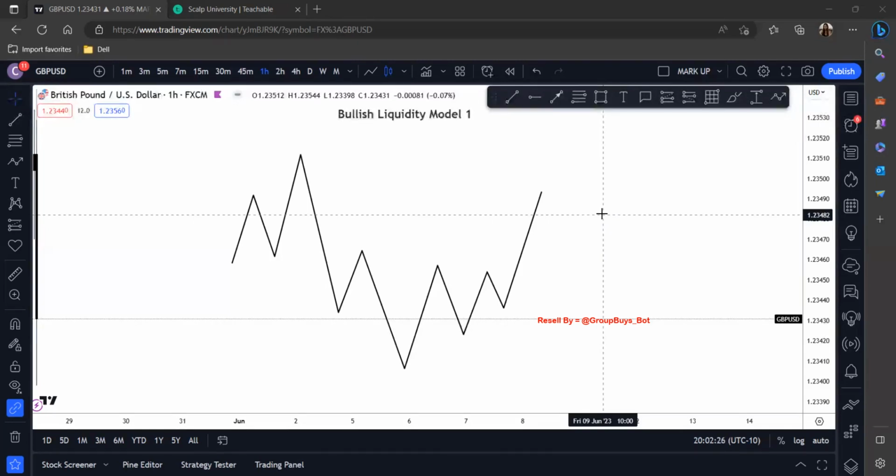So this is the first bullish liquidity model. I have this drawn out right here.